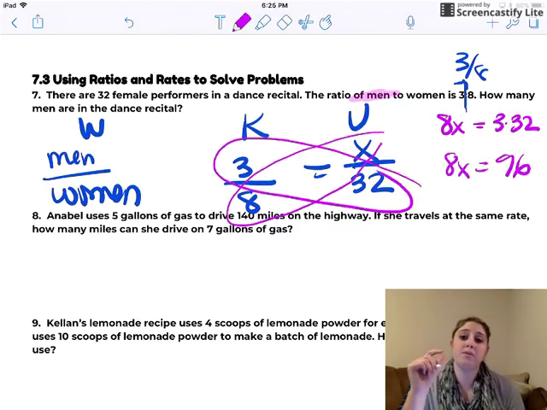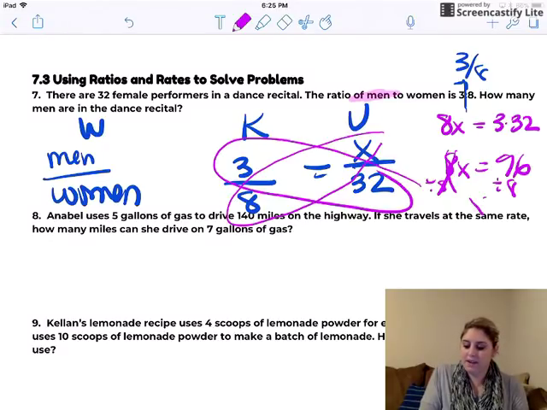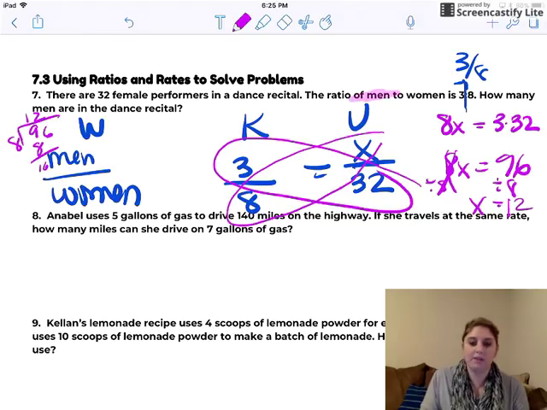And remember, when 8 times x is squished together, we have to do the inverse operation. We have to divide both sides by 8. So this gives me x equals 12, and if I want to do over here, 96 divided by 8, 8 goes into 9 once, so this is 8, 12. Come on, Mrs. Stubbs, you got to know your 12s. So x equals 12, meaning there were 12 men in the recital.